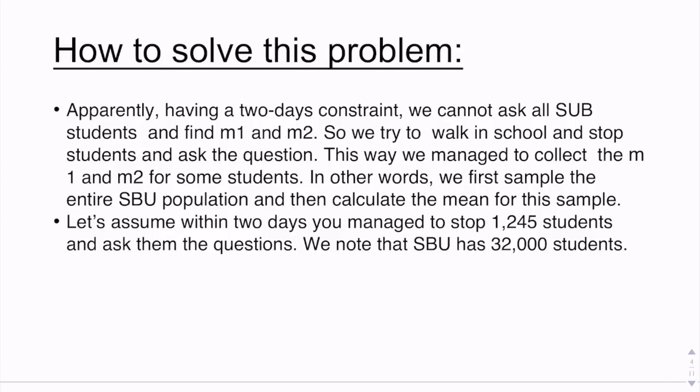So what we basically do, we are having a large population, which is the entire Stony Brook University students. And then because we cannot reach out to all students, we go and select some samples from this population.